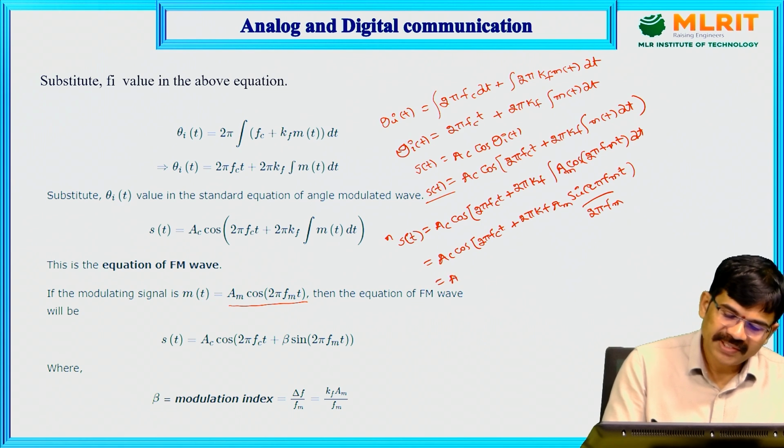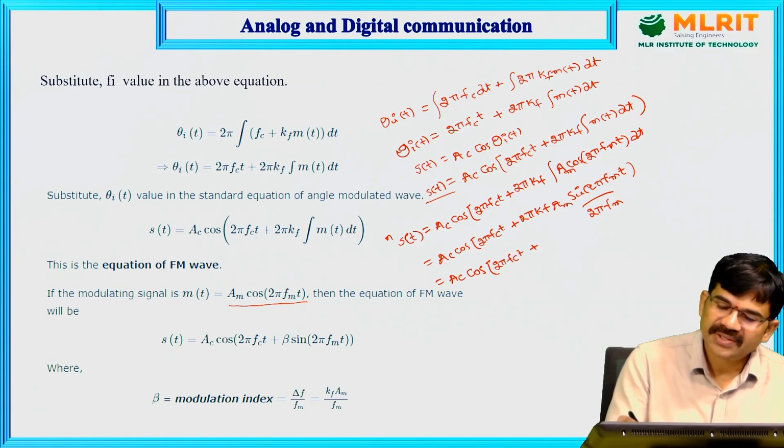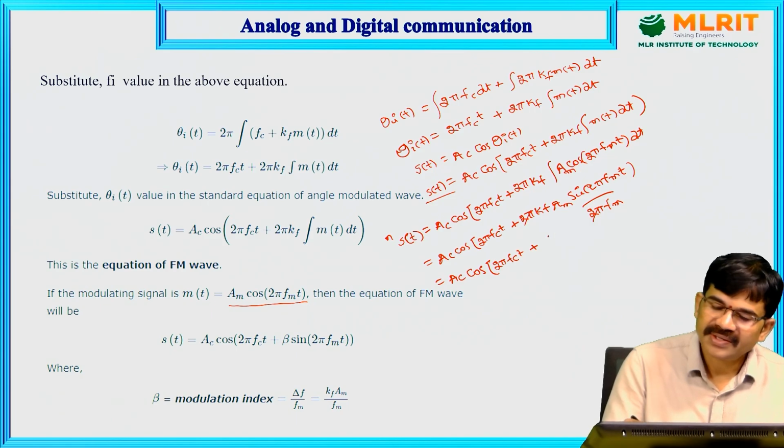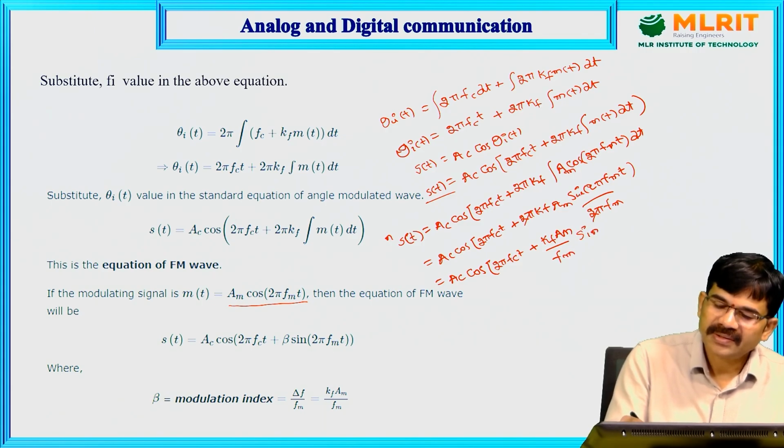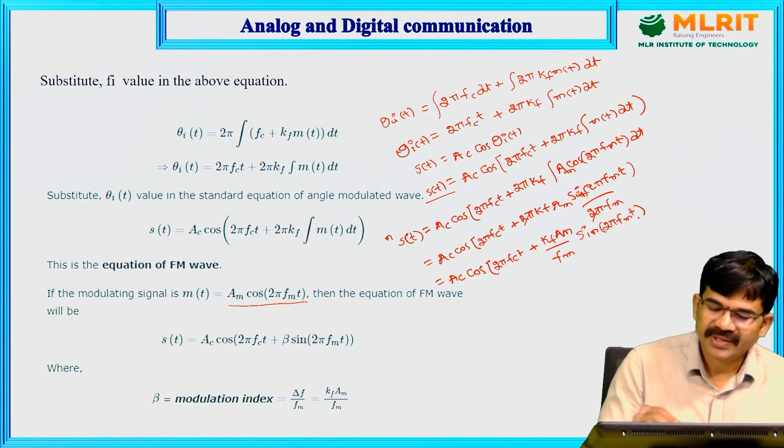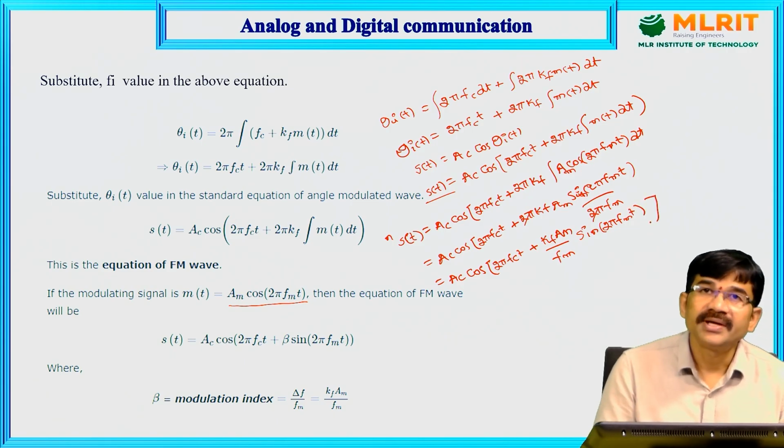So finally Ac cos 2π fct plus 2π kf Am by fm sin 2π fmt.